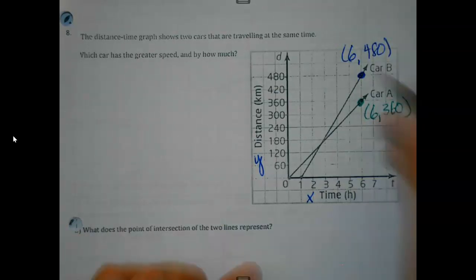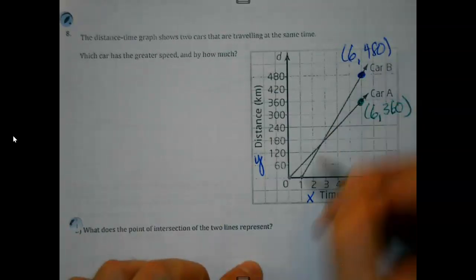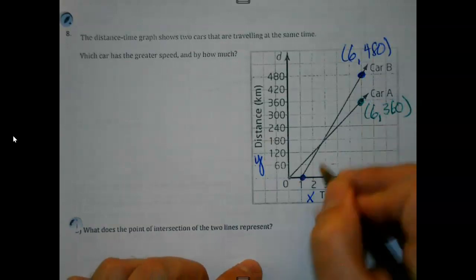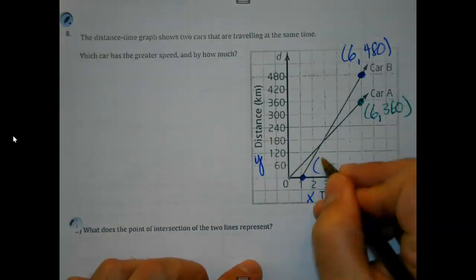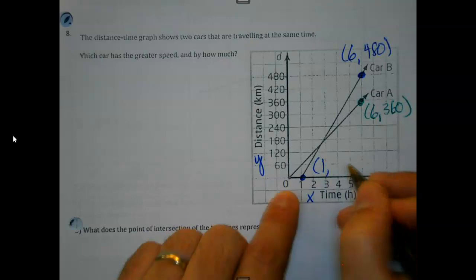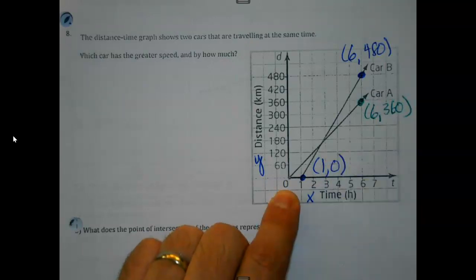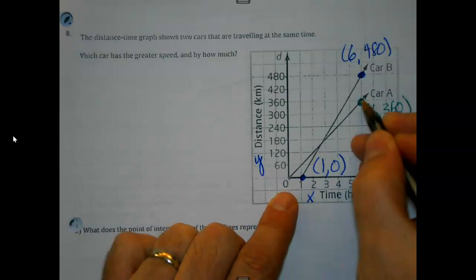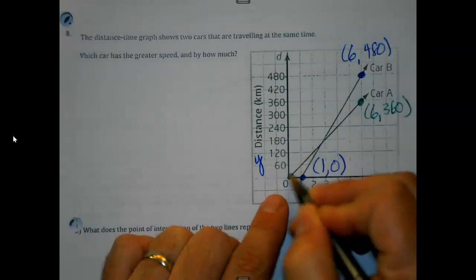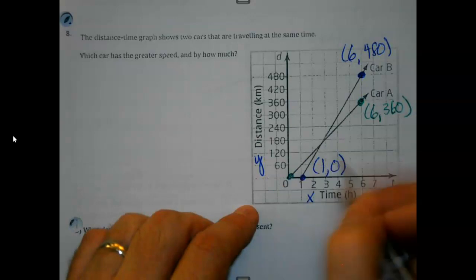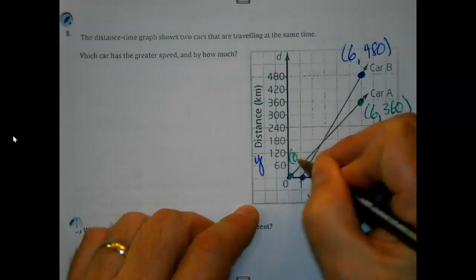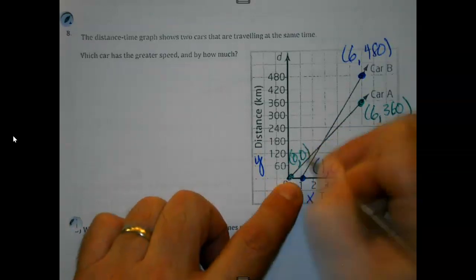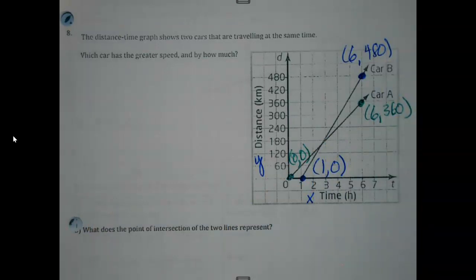So let's follow her back down. Oop, there's another one. X, Y. Again, colors can come in handy. Follow it back. Oh, where am I going to tuck this in? 0, 0.